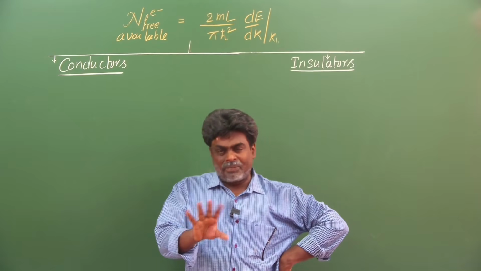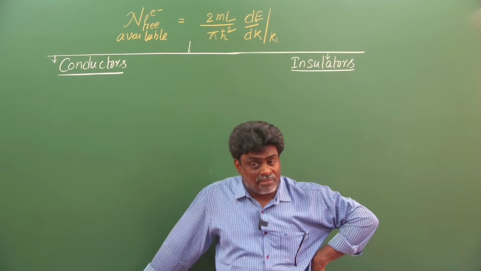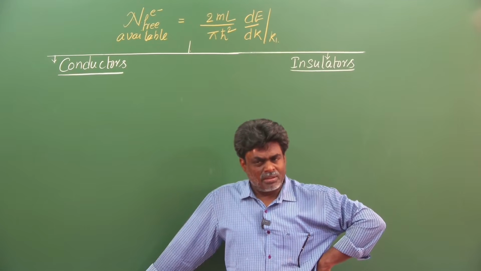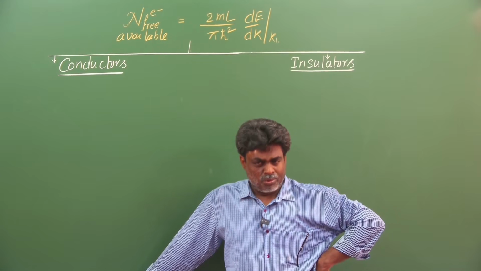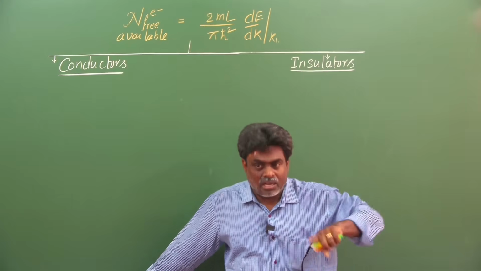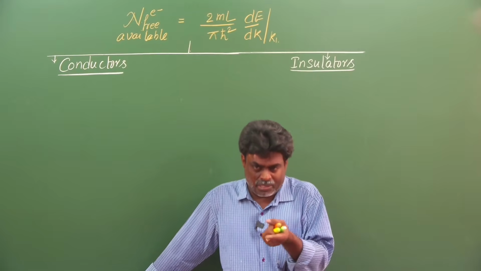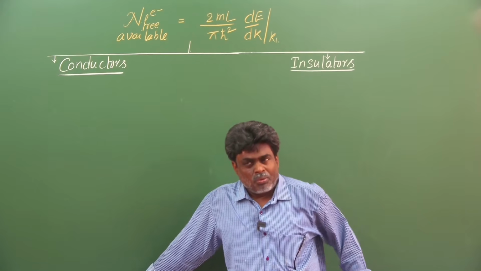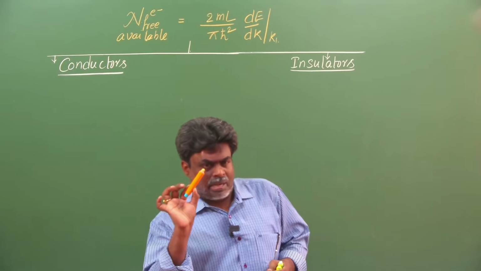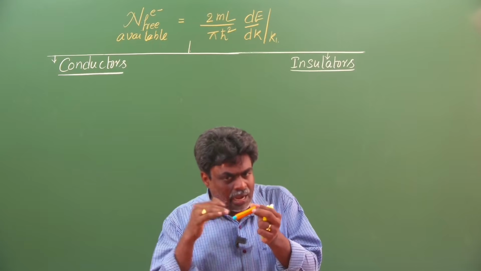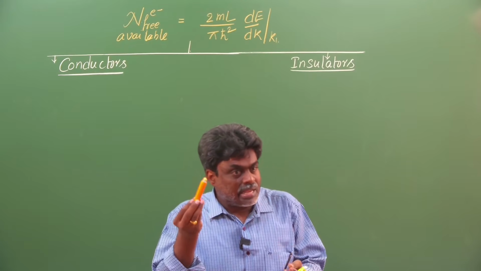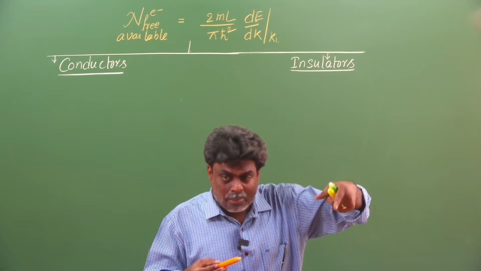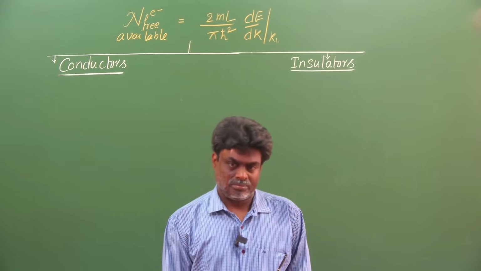What is the difference between a conductor and an insulator? A conductor has free electrons. An insulator does not have that many free electrons, nearly equal to 0. For example, this is a metal. It behaves like a conductor. Why? The metal has the maximum number of free electrons. Yes or no?